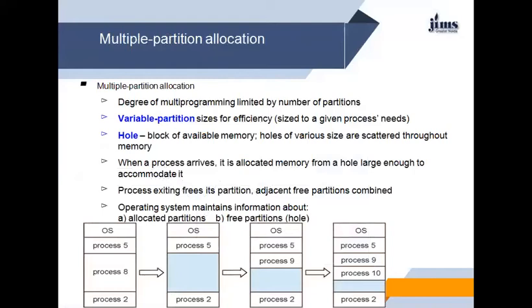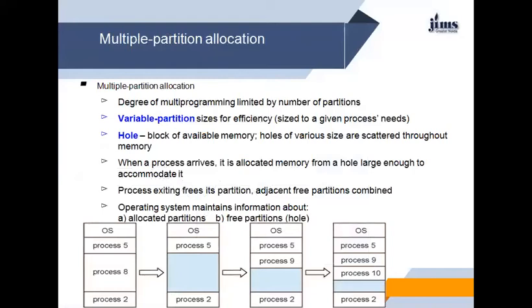A hole is a block of available memory which can hold processes; holes of various sizes are scattered throughout memory. When a process arrives, it is allocated memory from a hole large enough to accommodate it.